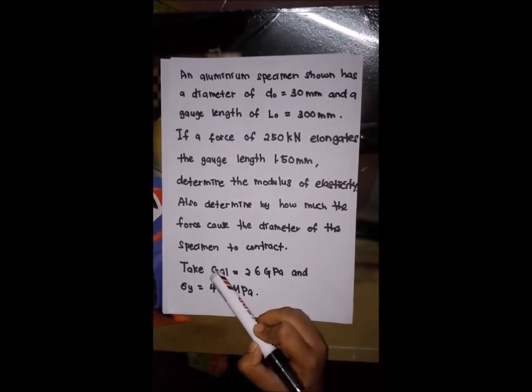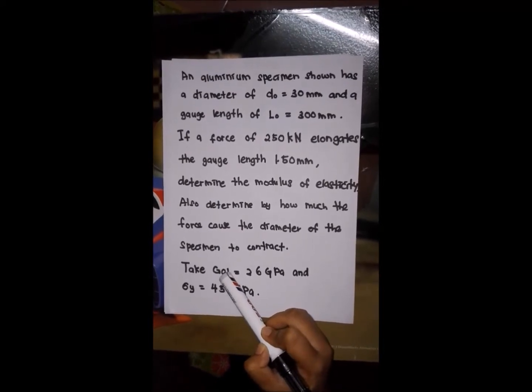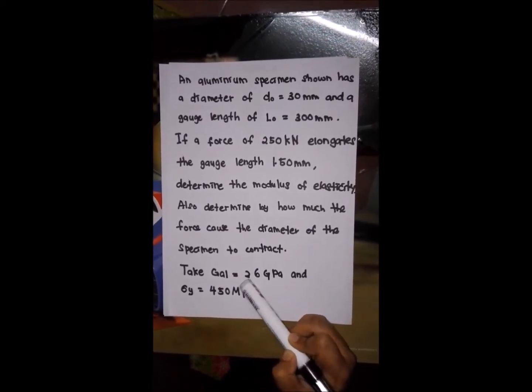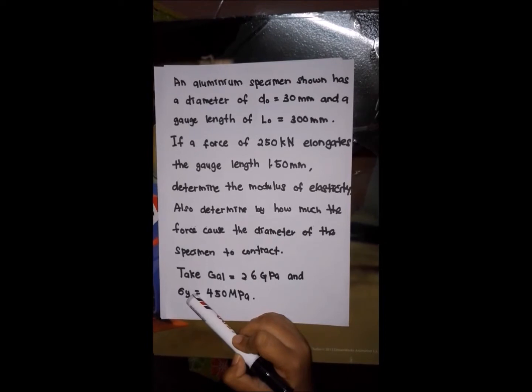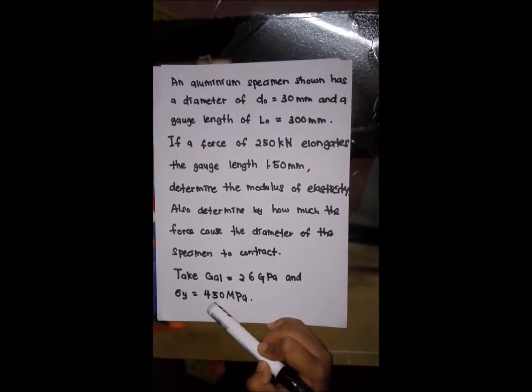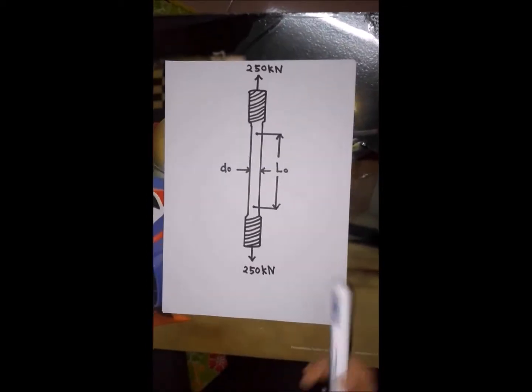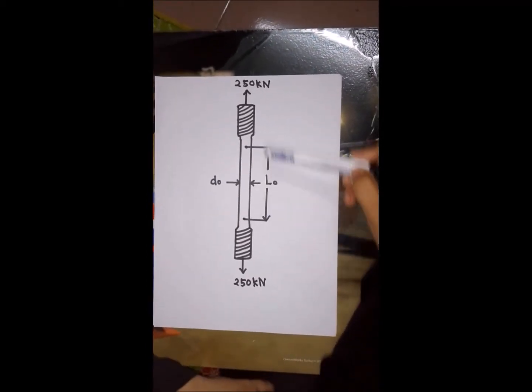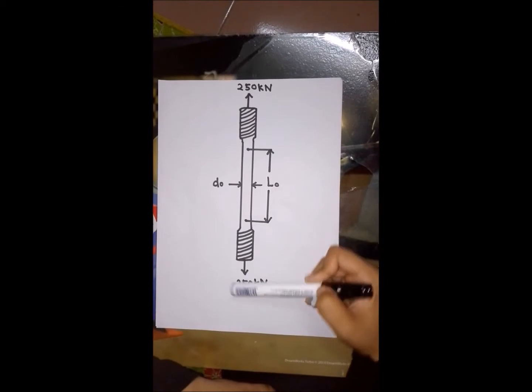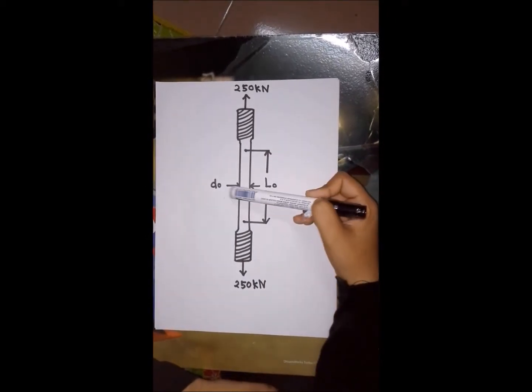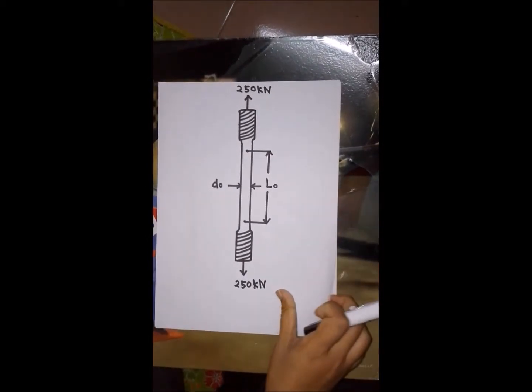Take the shear modulus of elasticity for aluminium as 26 gigapascals and the yield stress as 450 megapascal. This is the specimen, this is the force, and this is the length and the diameter of the specimen.